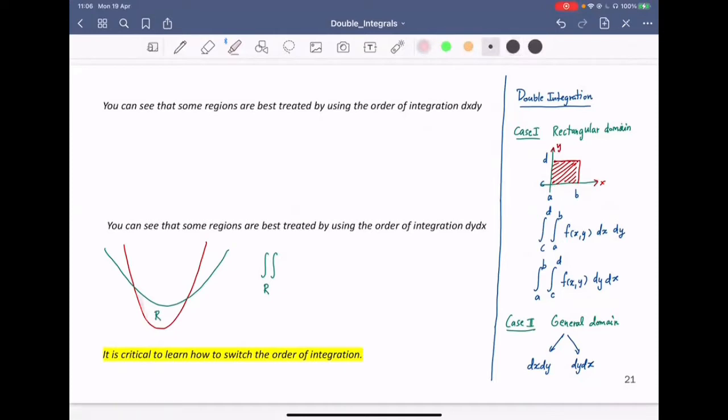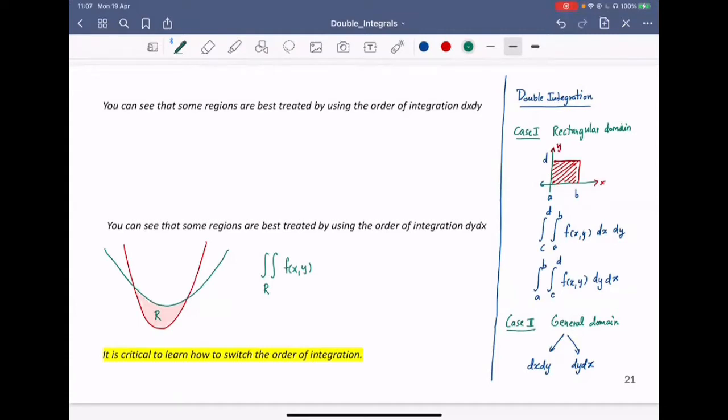If you want to integrate with respect to this area, what is the easiest way to do that? The first thing you have to think about is picking the order of integration. Would you pick dx dy or dy dx?